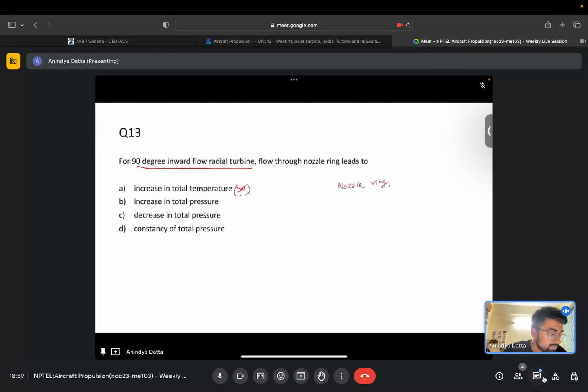That is the basic working principle of a nozzle. In nozzle rings there is no work or heat interaction happening, and if there is no work or heat interaction, the total temperature stays constant.